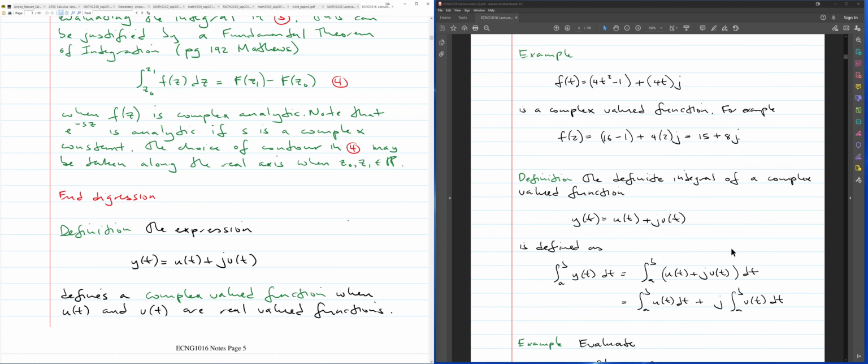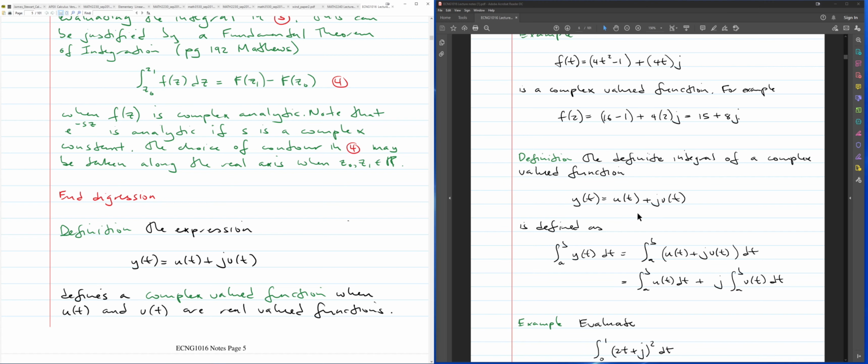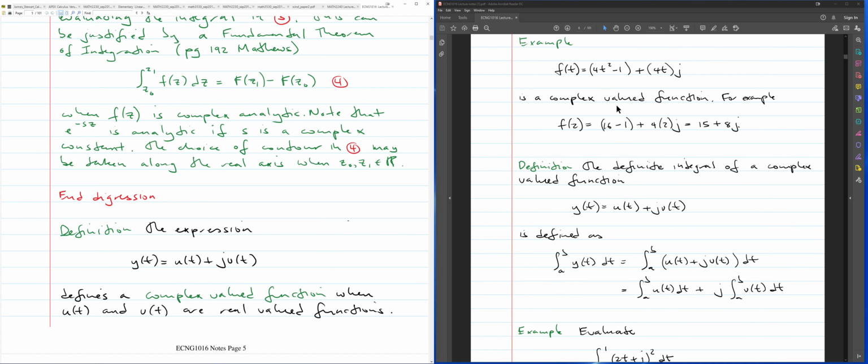Now what we want to see is how do we actually integrate a function that is complex valued and of this form, in other words, where you have your real part over here and your imaginary part separated over here. This is the definition of the integral: you just integrate the real part and the imaginary part separately.